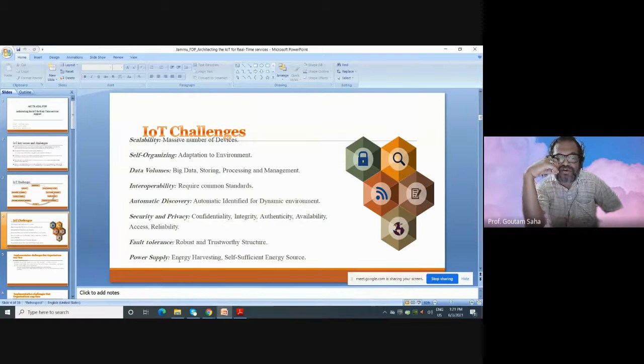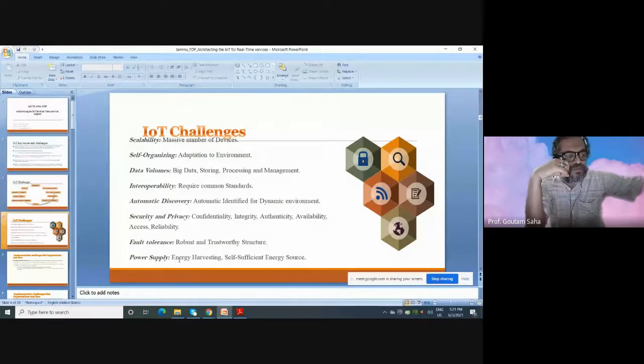Fault tolerance. Fault tolerance means gateways. Maybe for 100 people there is one gateway. If that gateway becomes faulty, what will happen? In that case, the 100 people will be disconnected.